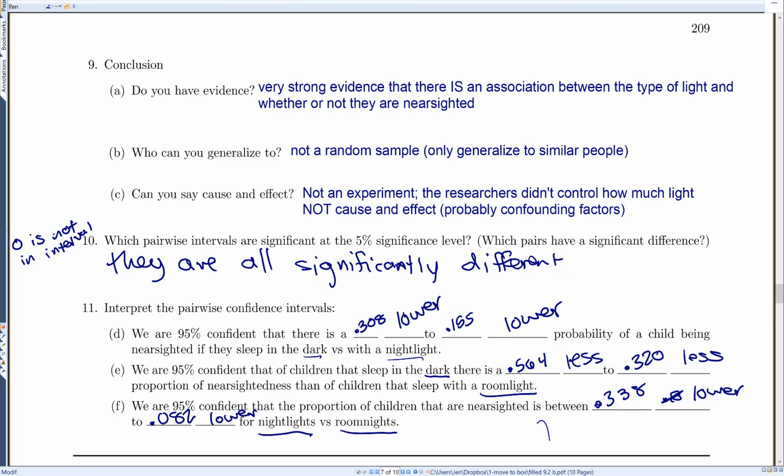Okay, so we're 95% confident that it's a lower proportion nearsighted if they sleep in the dark than with a nightlight. And again, if we sleep in the dark versus with a room light, then we have a lower proportion. And if we sleep with a nightlight instead of a room light, then we have a lower proportion. So it looks like having lower light leads to lower proportions of people that are nearsighted. But again, we can't say cause and effect.